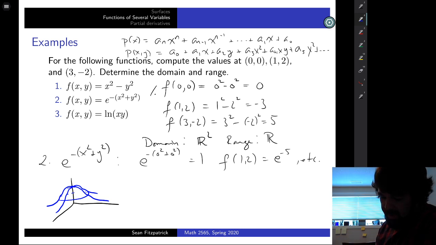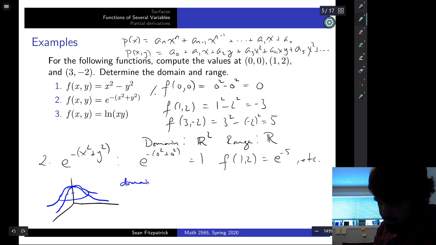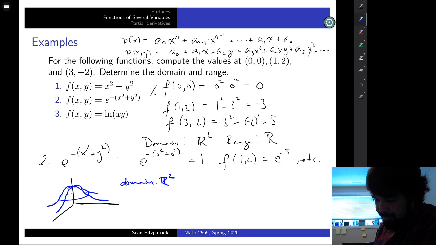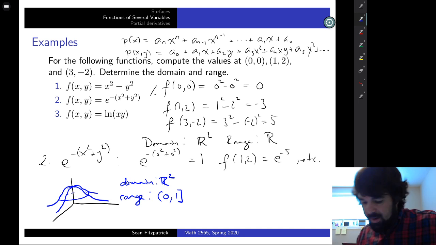And so if you think about what is the range for the second one, well, again, the domain for the second one is, again, all of R2. We can plug any point we want in. The range for this one is this interval from 0 to 1, right?